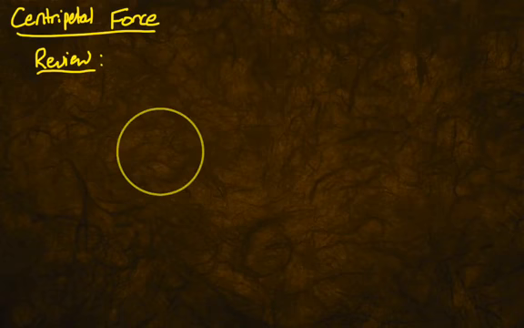So, what is our centripetal force? Well, real quick review. We've got our circle, and let's say we have a velocity traveling this way along the circle. As we travel along the circle, our velocity is going to change direction.